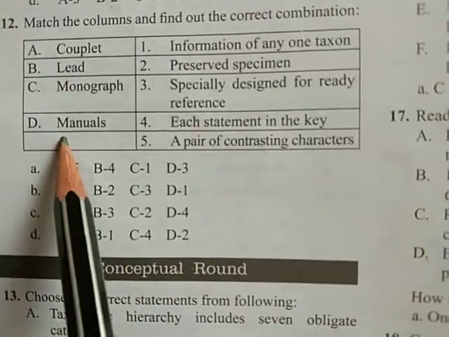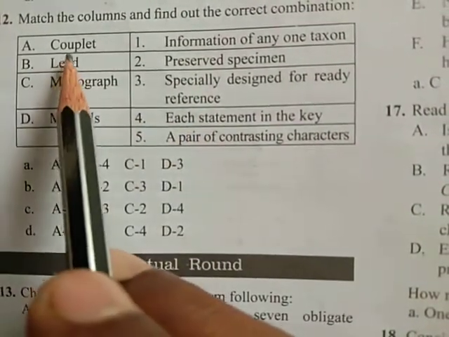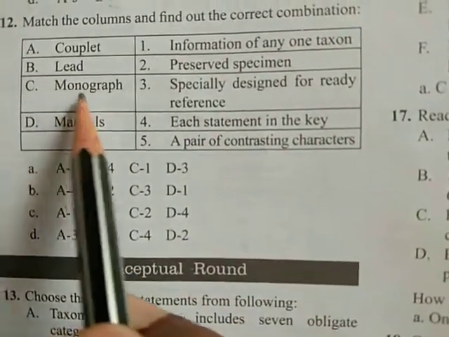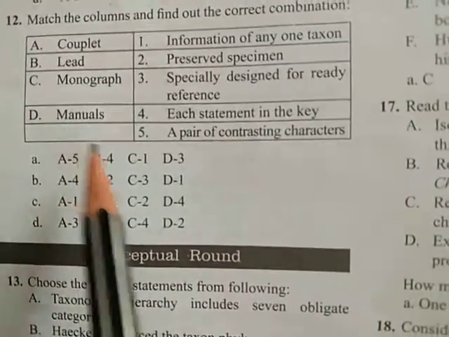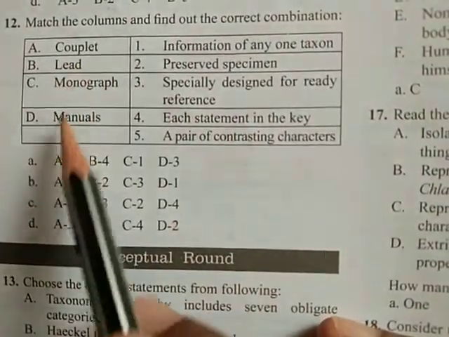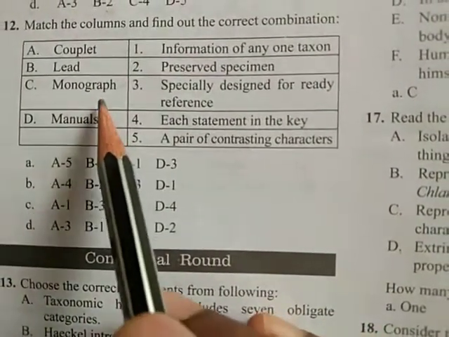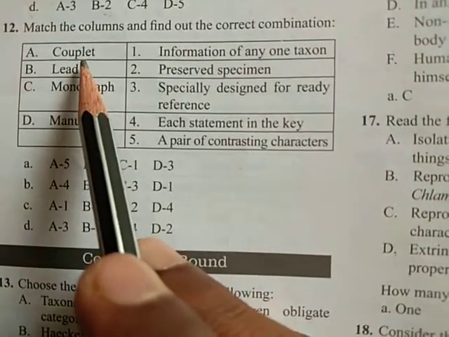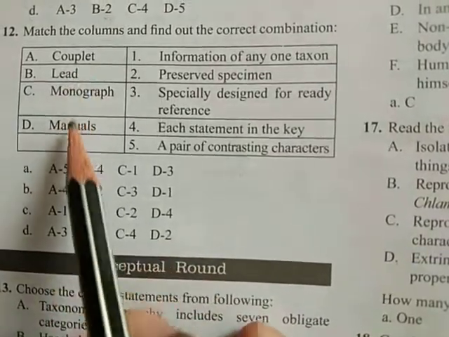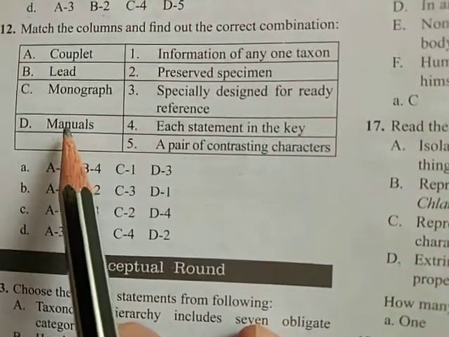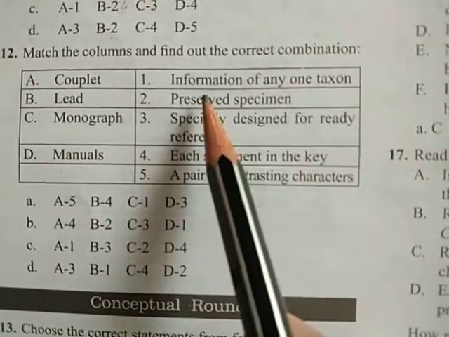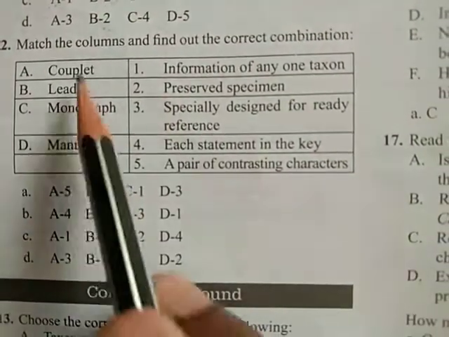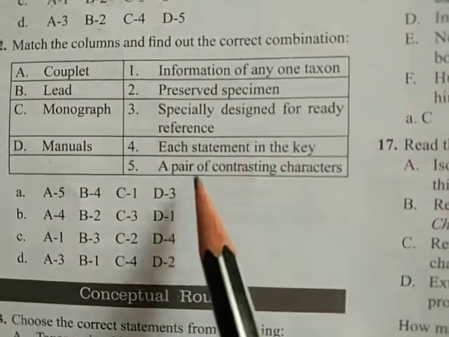In this column and this column there are couplet, lead, monograph and manuals. These 4 words are given, and they are related to taxonomical aids. So we should note these taxonomical aids, and the meaning of these taxonomical aids is given here, right?